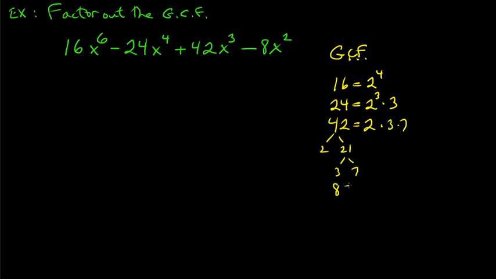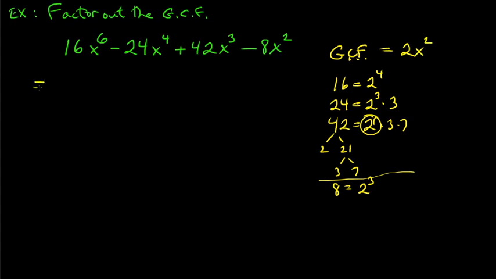And 8, of course, is just 2 to the 3. So it looks like the only thing all of these have in common is just the 2, 2 to the 1. 1 is the smallest power. And as far as the x's go, the smallest exponent is 2. So the GCF is just going to be 2x squared.